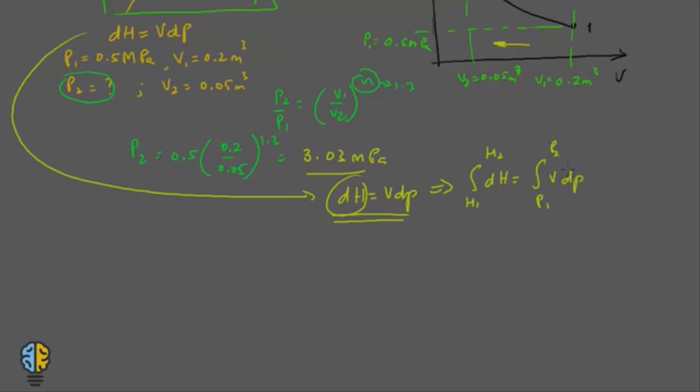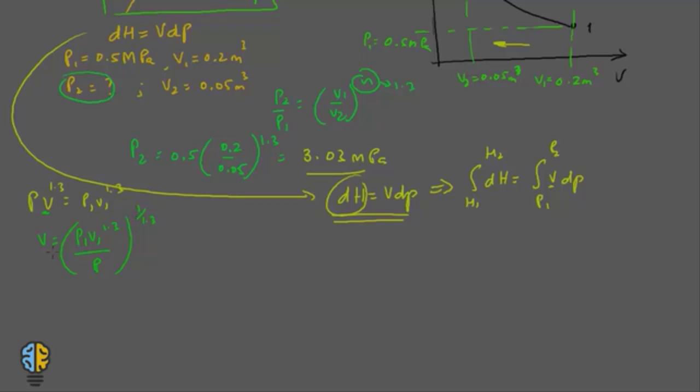Now the integration is with respect to P, so we need to replace V with something. If you look at the law, PV to the power 1.3 is equal to P1 V1 to the power 1.3. So from here I can say the value of V would be equal to (P1 V1 to the power 1.3) divided by P raised to the power 1 by 1.3.